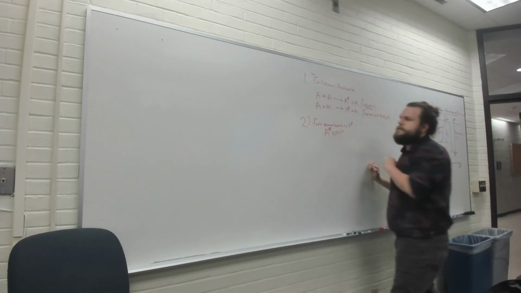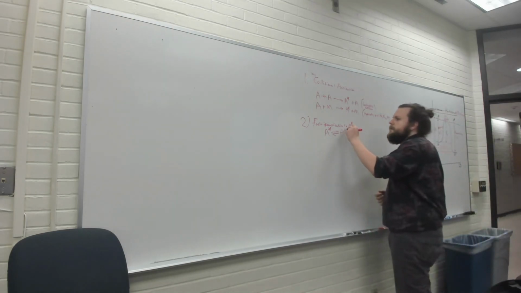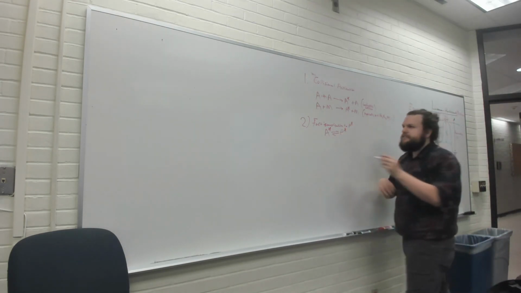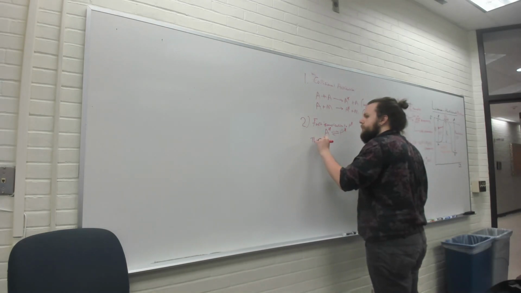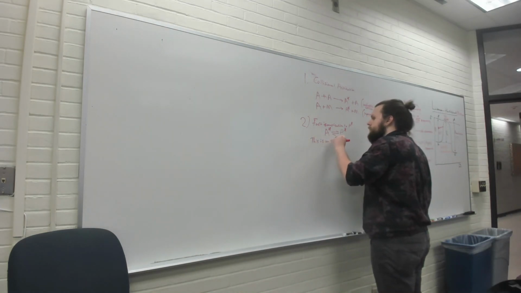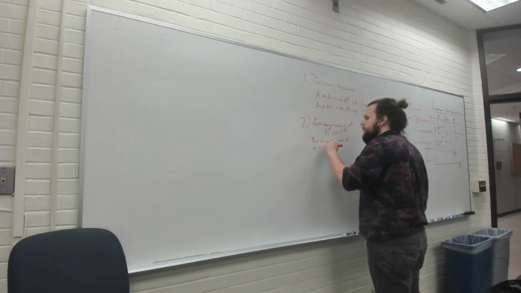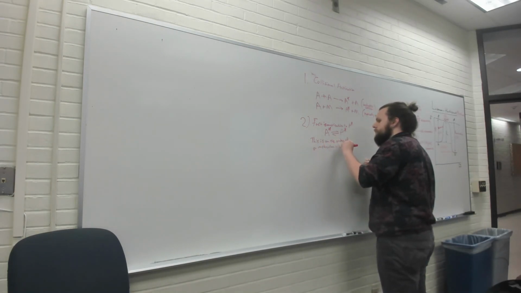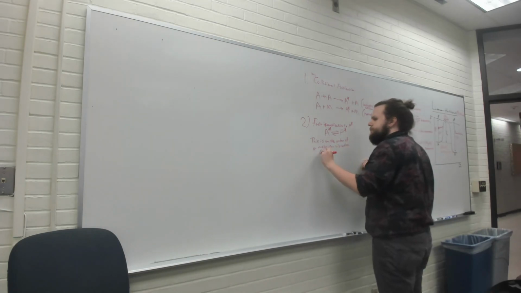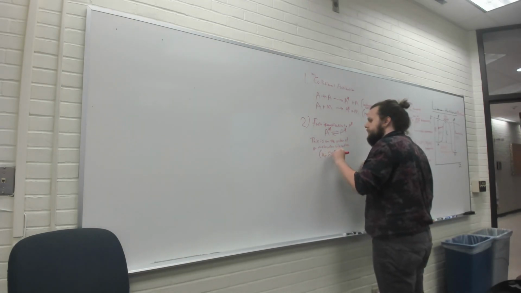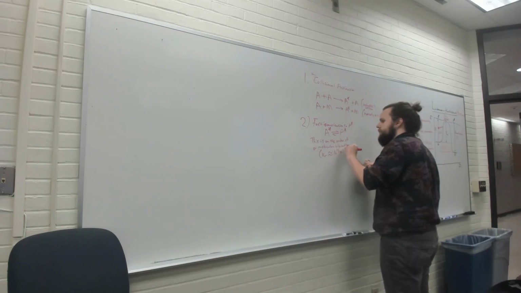Like this, or P star. And this is usually very, very fast. This is on the order of a molecular vibration, which implies a rate constant of about 10 to the 15 per second.